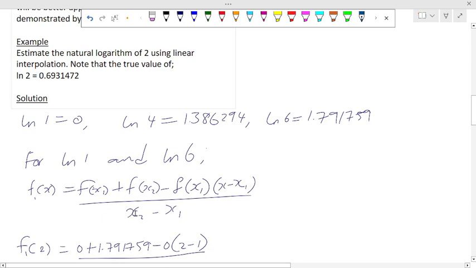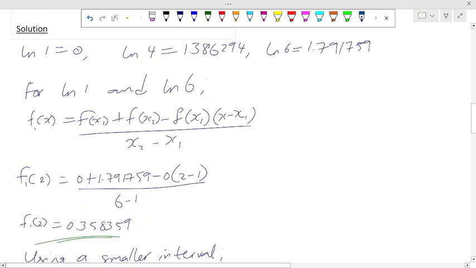Note that the x's are these values, the f of x's are these values. The higher limit is 6, the lower limit is 1. So that will give us this. Are you seeing the value? So this is the value we got.